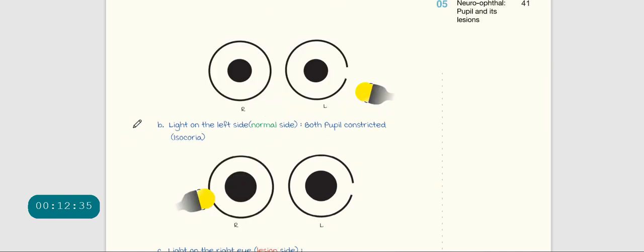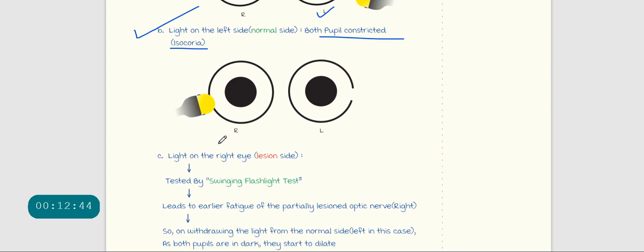So both pupils will constrict, isochoria, simple. But when we throw light on the right eye where there is a lesion, it is tested by the swinging flashlight test, and this leads to the fatigue of the partially lesioned optic nerve.